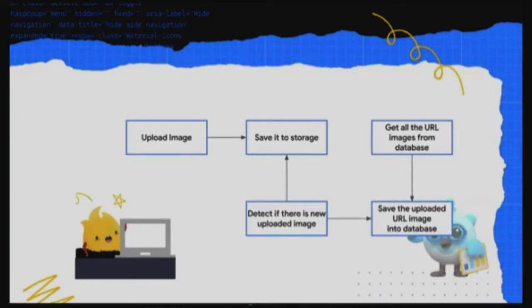Initially, first we can upload the image and then we can set it into the storage. And then we should detect if there's a new uploaded image. And then after that, whenever there's a new image, we can save the uploaded URL of the image in the database so that the client can get those URLs of images from the database.